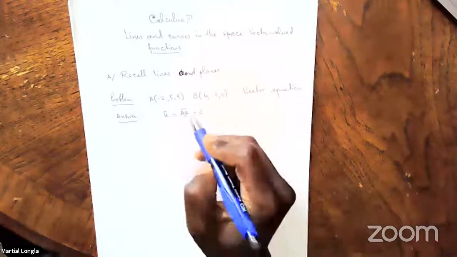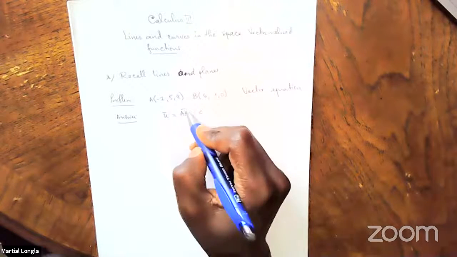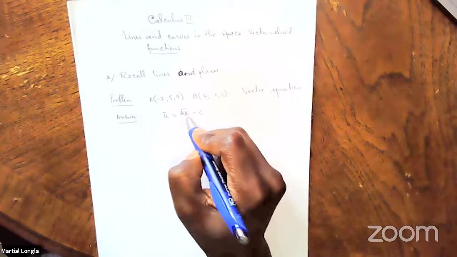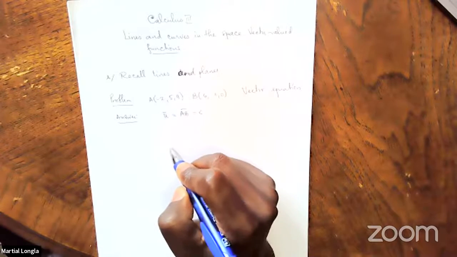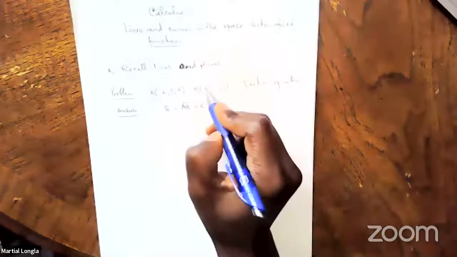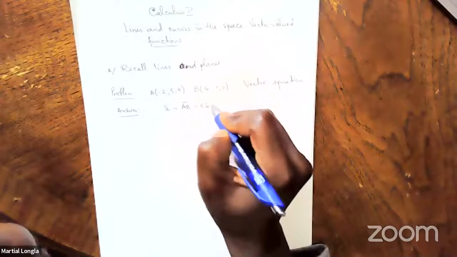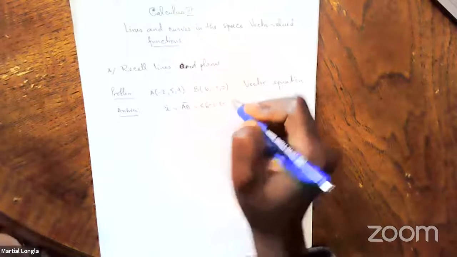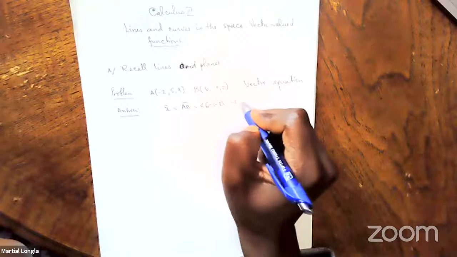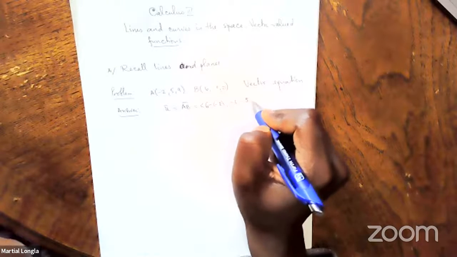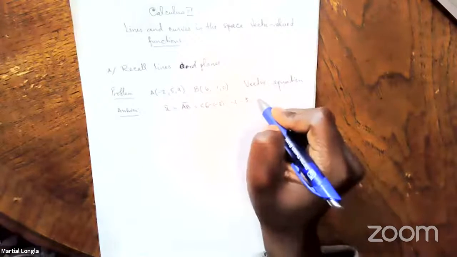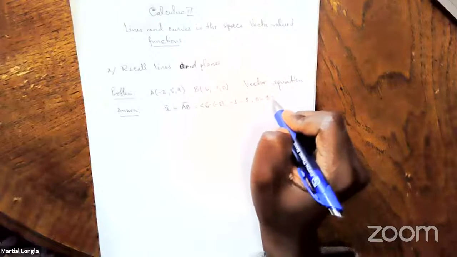and you get the coordinates of that vector by subtracting the coordinates of A from the coordinates of B. So that's going to be 6 minus -2, -1 minus 5, and 0 minus 9.